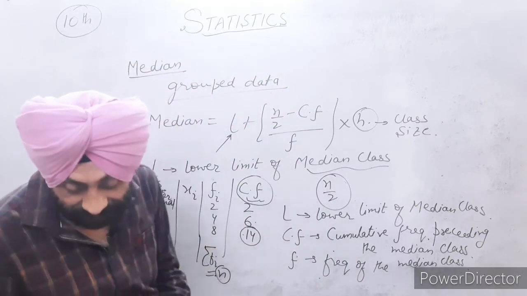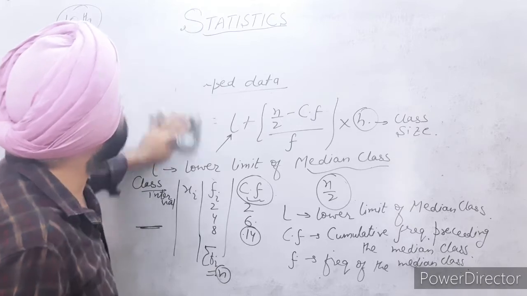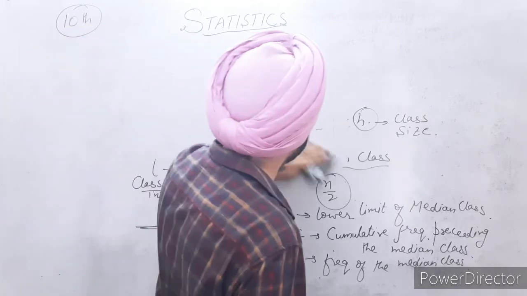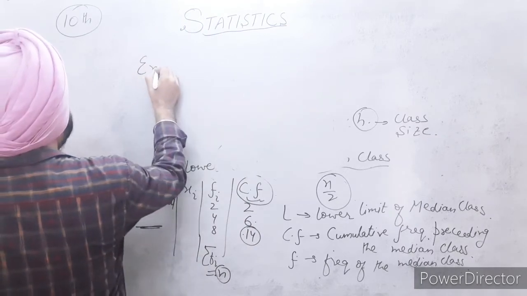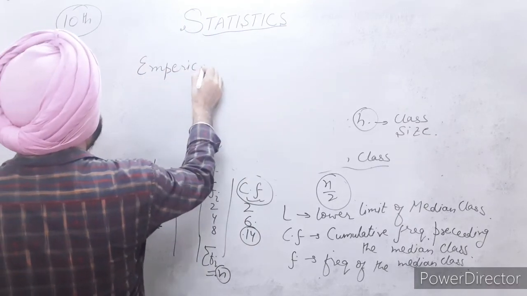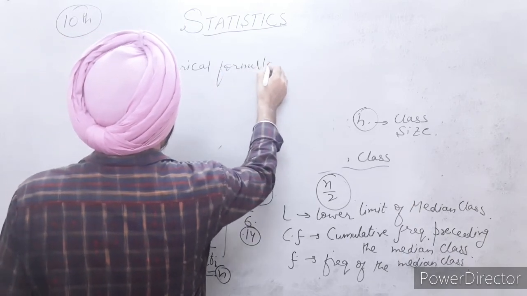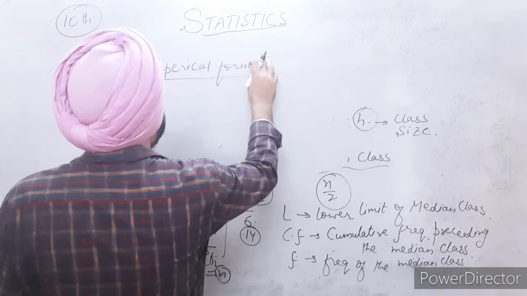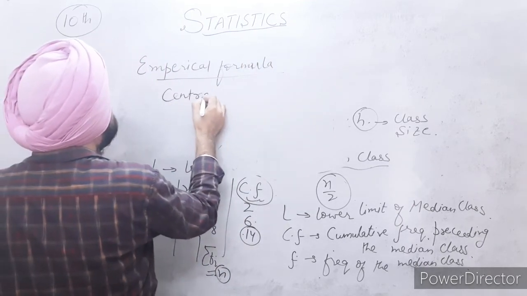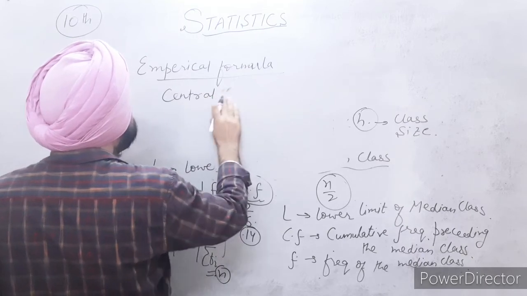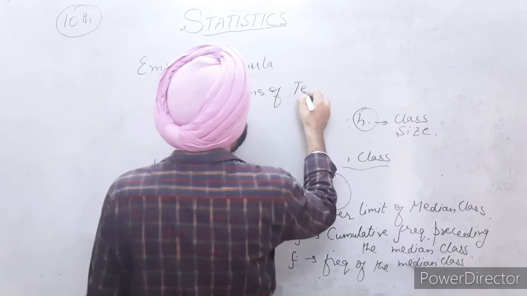Now the last thing is an empirical relationship between the three central measures of tendency. We call it the empirical formula for the three central measures of tendency.